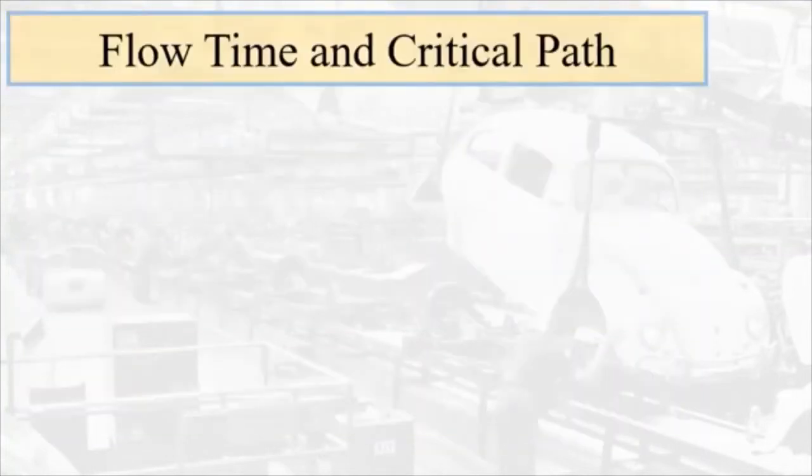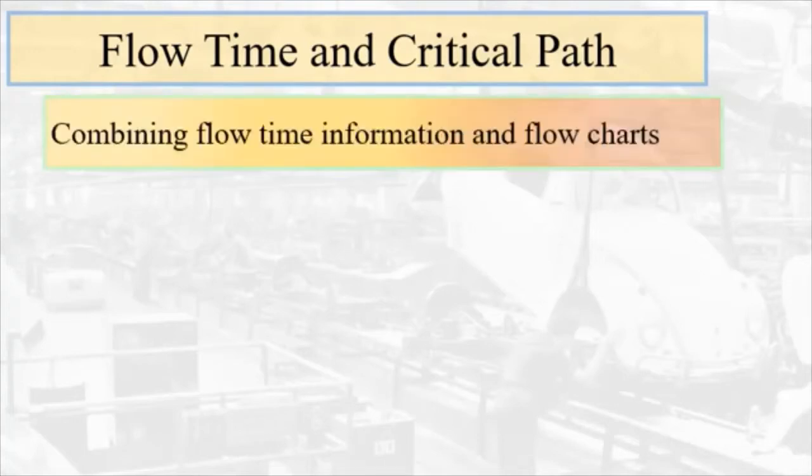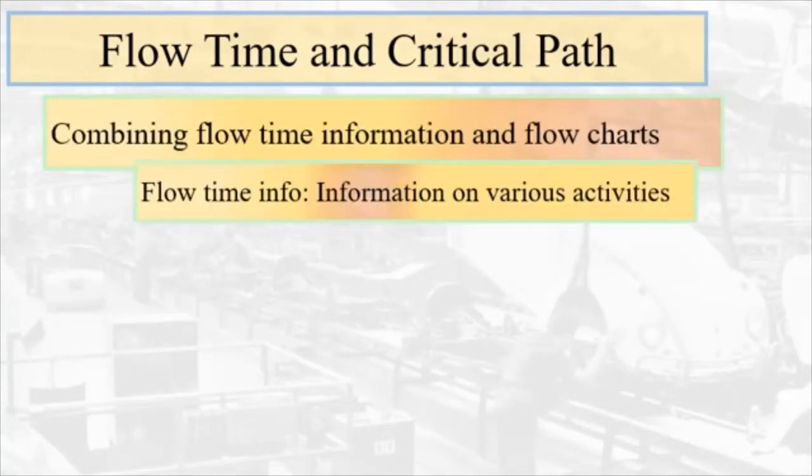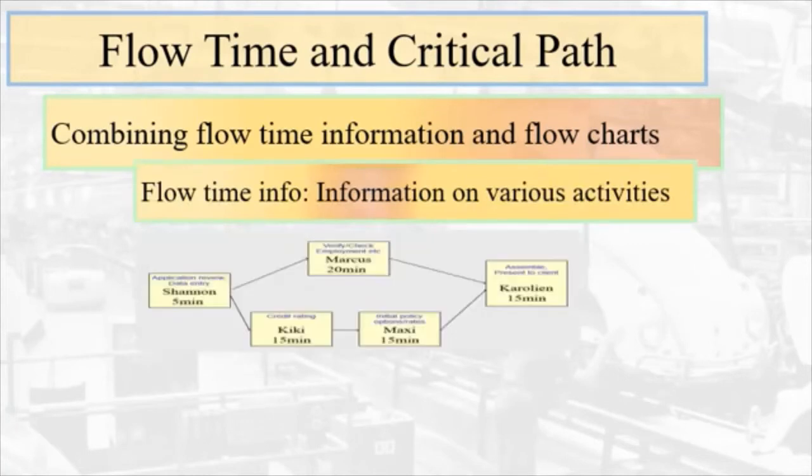You might remember the critical path from COM 225, where you had different paths and you identified the path which is the longest turned out to be the critical path. So here's an example of a series of activities in a process, and we have two different paths, this path right here and this path right here.